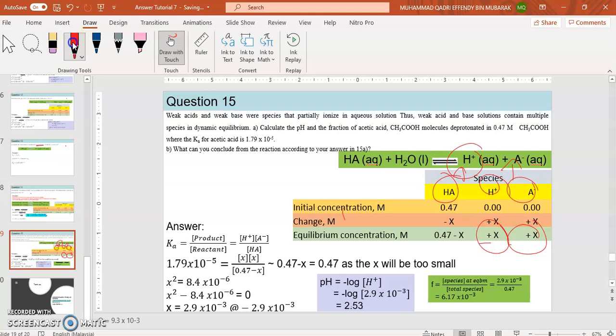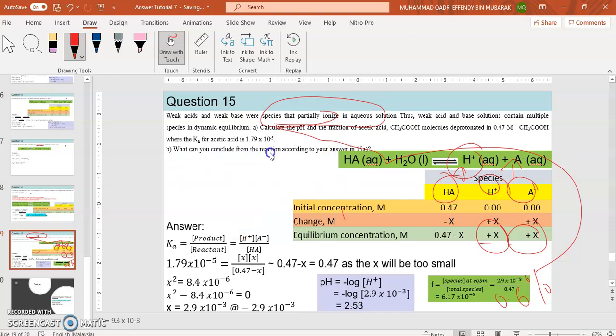So it means, according to our calculation, the acid only ionizes about 0.6%. So we have already proven this statement, that this weak acid is partially ionized in aqueous solution.